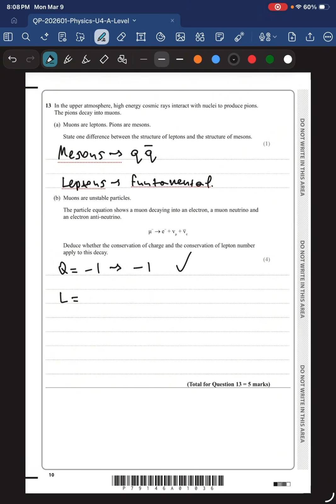The lepton number of a muon is 1. The lepton number of an electron is 1. The lepton number of a muon neutrino is also 1. And the lepton number of an electron antineutrino is -1. So lepton number is also conserved, and we are ready to move on.